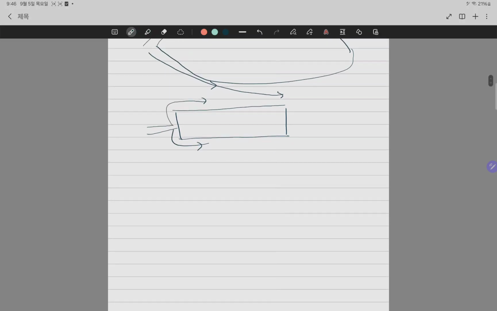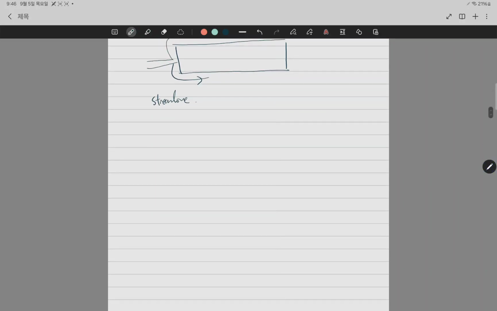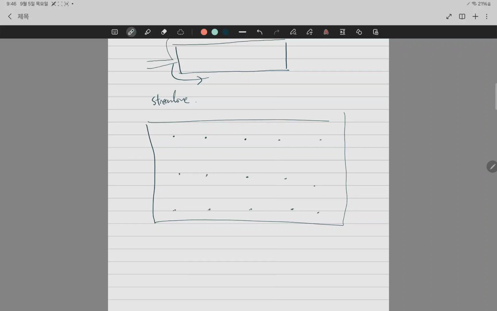Well, first, let's discuss the definition of streamline. Imagine you've got a field, right? This is your field, and you have some points here. You record a few points, right? And then you mark the velocity of each point.